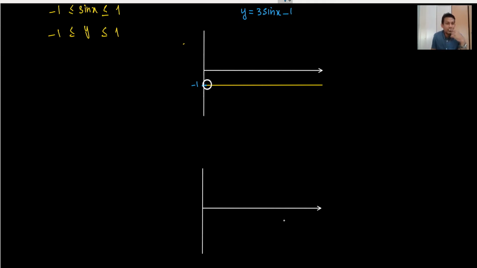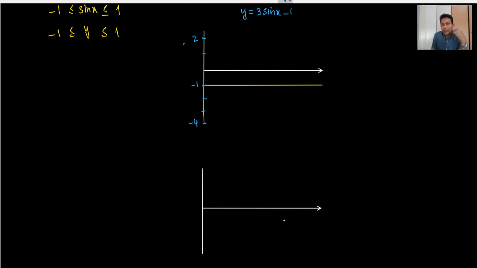I have to move 3 steps up from here: -1, 0, 1, and 2. And down, this is -1, -2, -3, and -4. You can move till -4.